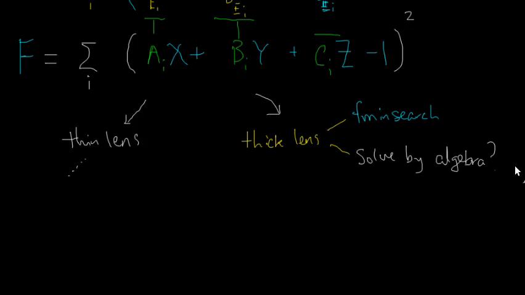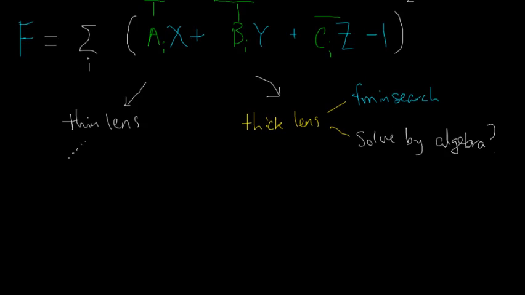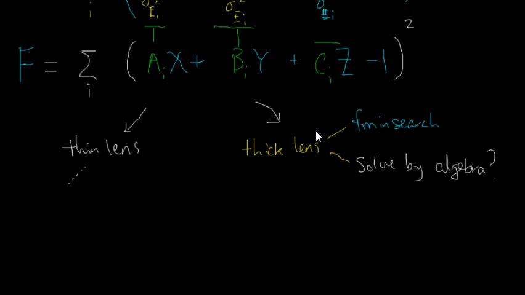The question is, can we actually solve this equation? Now, let's go to the equation and look at this again. The mathematical problem is already specified here, and that is that given the numbers Ai, Bi, Ci, which we obtain from measurements, we want to find the values of x, y, and z that will give the smallest f.